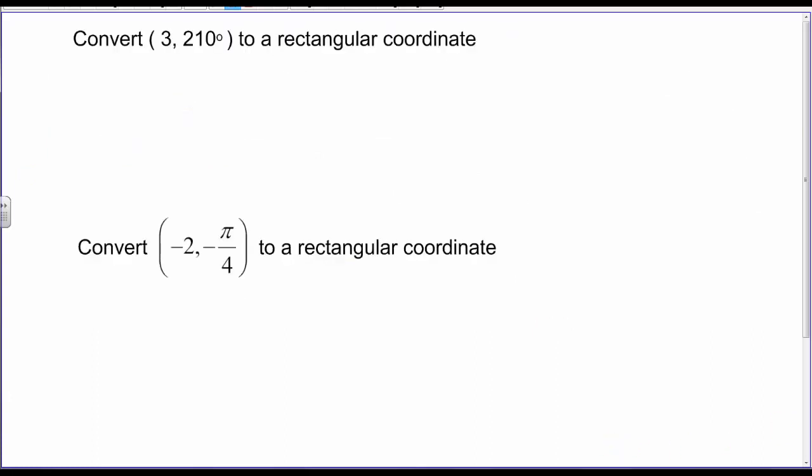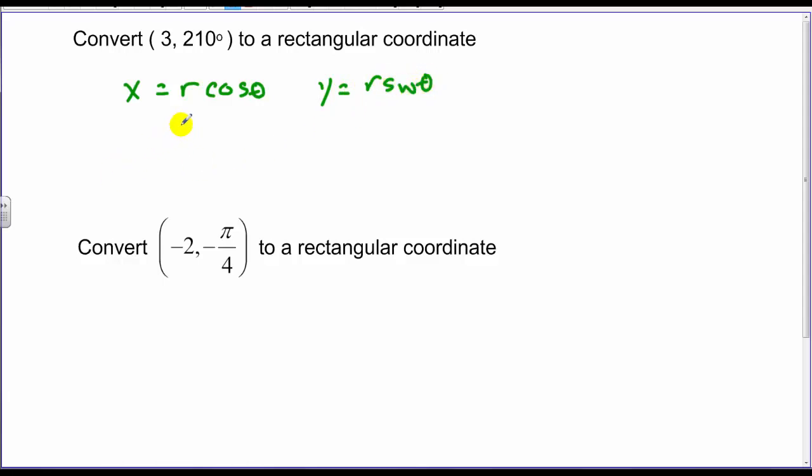I want to convert 3 and 210 degrees to a rectangular coordinate. So, if I want my x value, that's equal to r times the cosine of theta, while y is equal to r times the sine of theta.